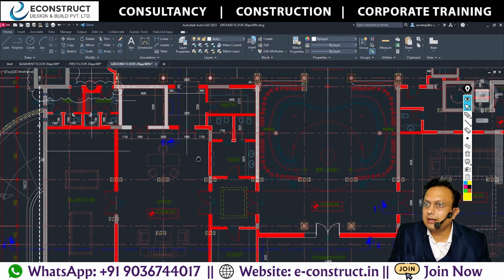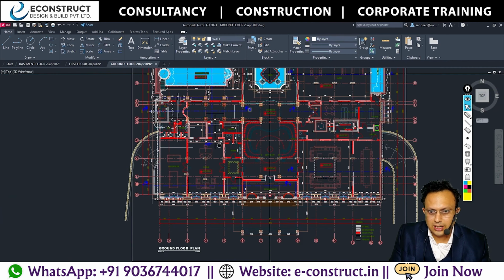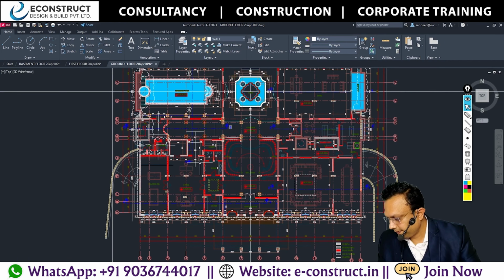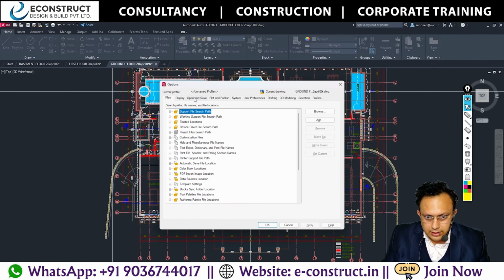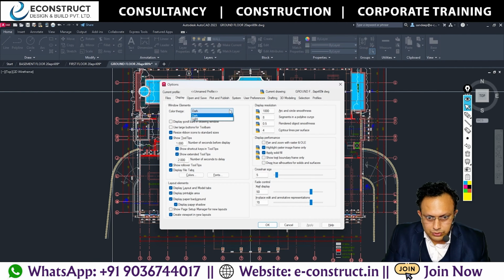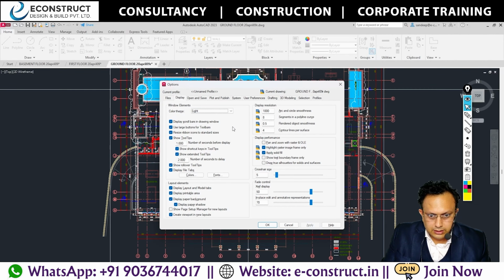Is it visible backside, or shall I change the color? I'll try to change the theme to the lighter skin theme. Just a minute.